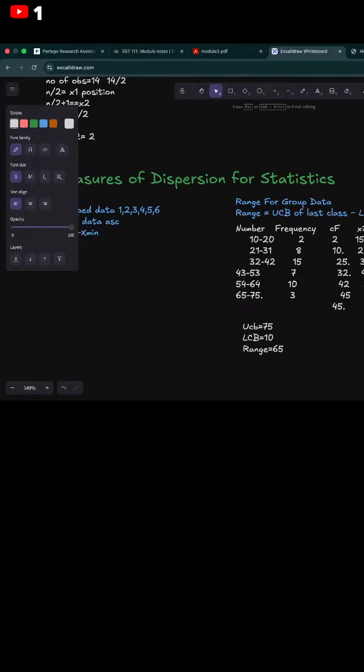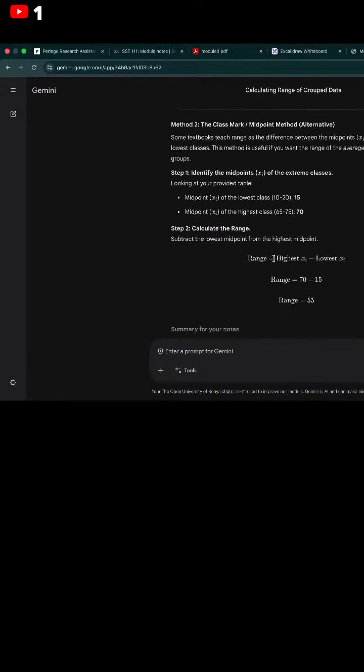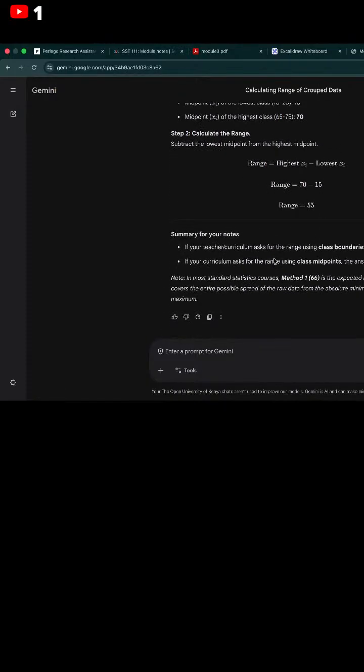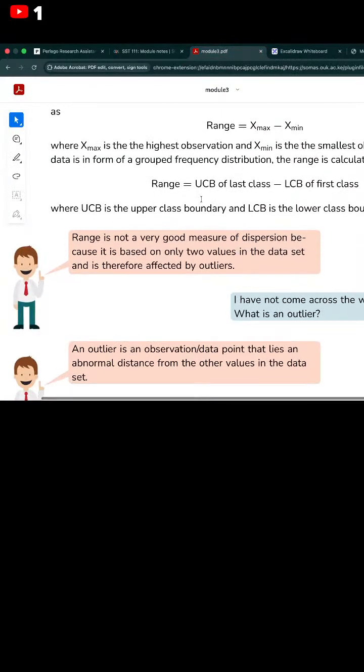But they don't give the same answer. So I think the most correct one is to use the class boundary, because it's the same as what we have been told here.